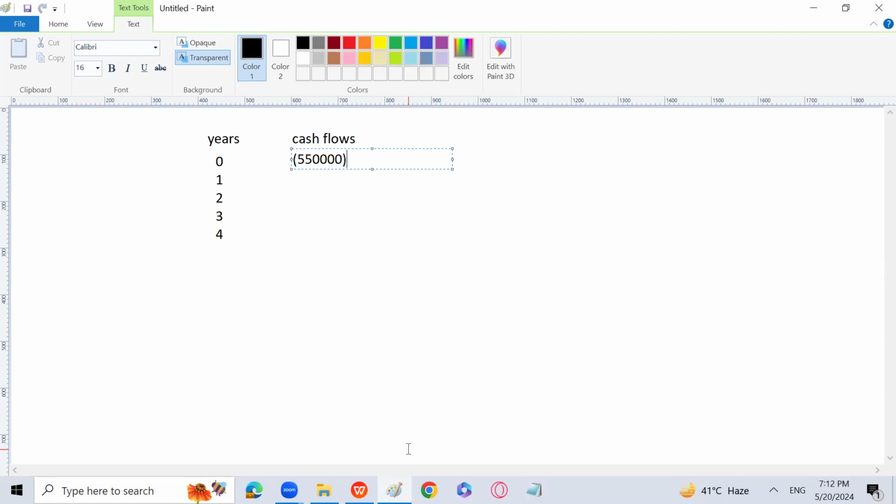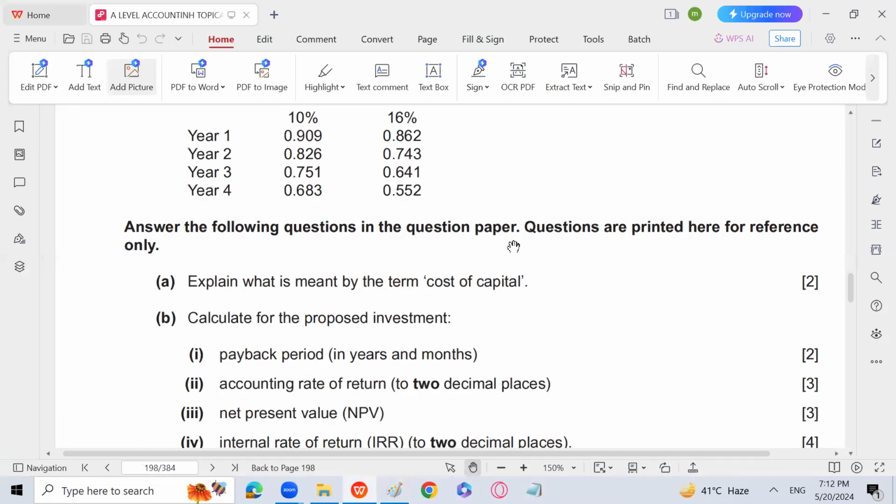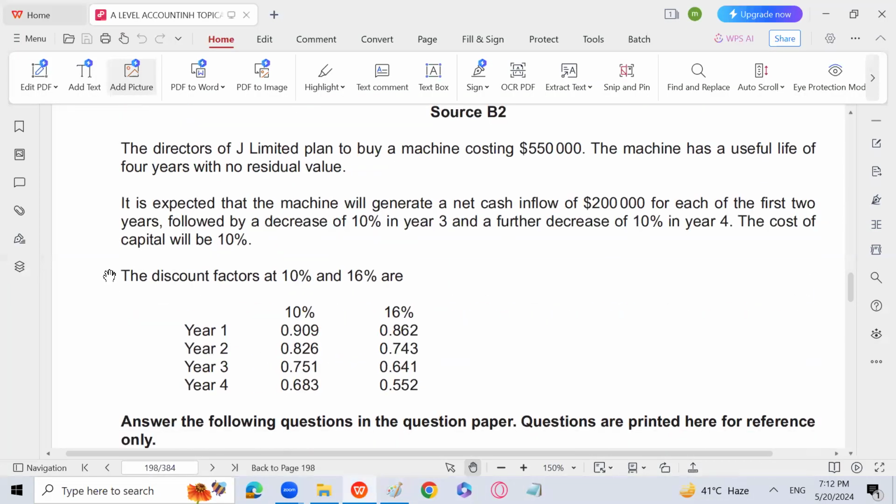Now in year 1, we are getting cash inflows because we have invested in the project in that particular machine. And that machine is giving us a return after all payments. The net return is 2 lakh. Then in the second year, it is 2 lakh. Then it will decrease by 10%, 1,80,000. And then again, it will decrease by 10%. That is going to be 1,62,000.